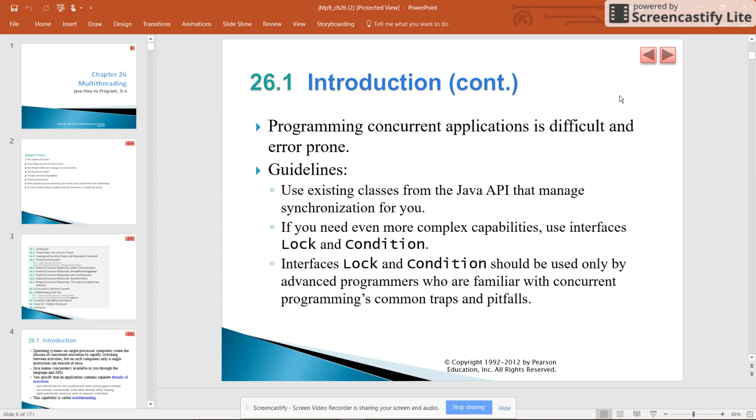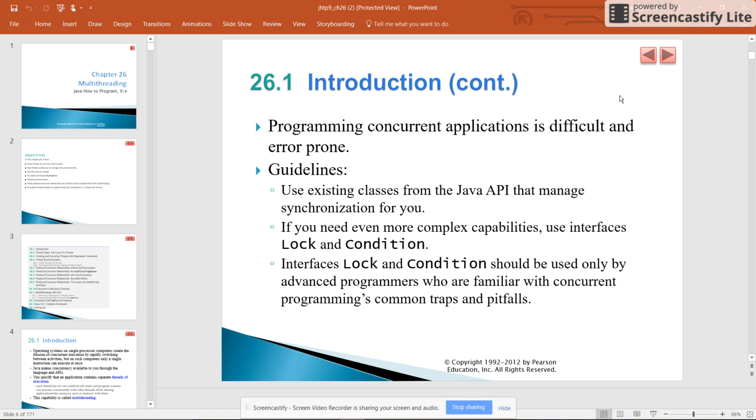For example, if I'm opening Twitter on the website and at the same time I'm listening to music, so these are two different threads, but I'm executing and using them at the same time, so these two are working in parallel.